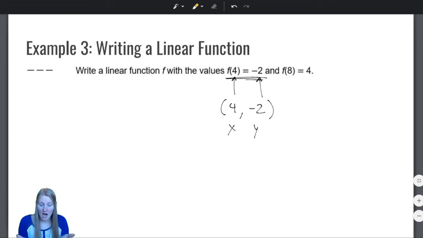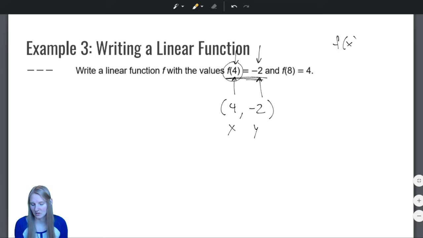So anytime you see f of something equals blah, we know that whatever is inside of the parentheses is our input, or our x, and whatever f of x is equal to is our y, because f of x is the same thing as y.